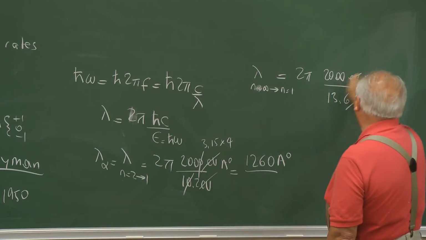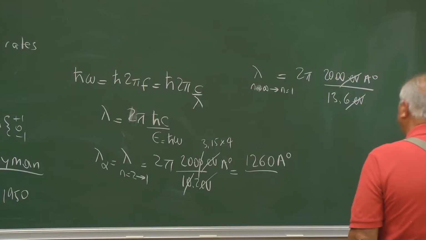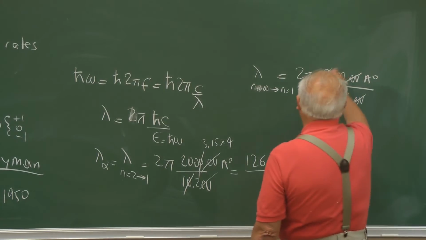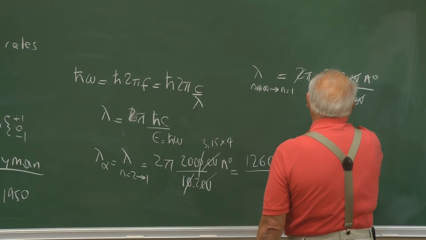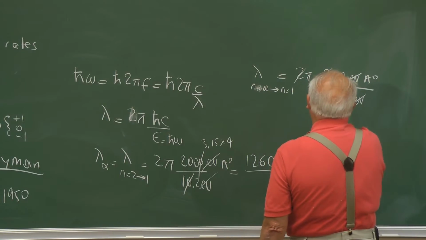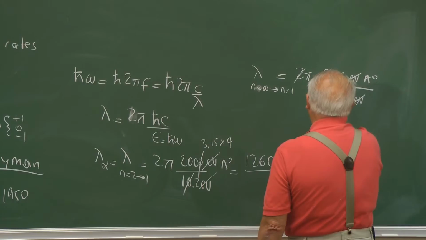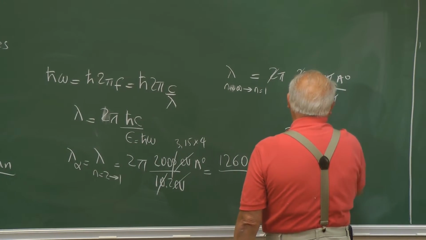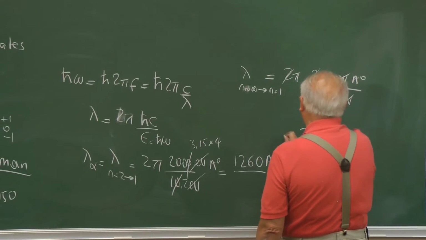So 314 divided by 3.4 times 1000 gives lambda.